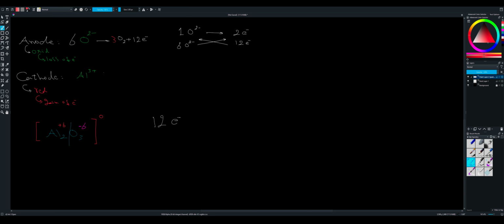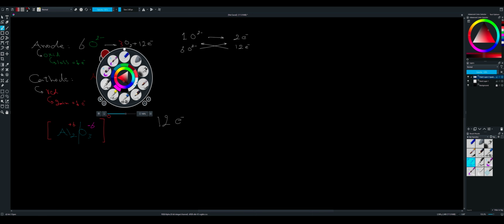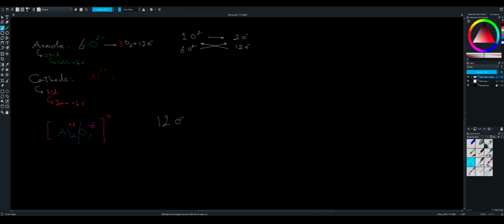Let's move on to the reduction reaction real quick. So for the reduction reaction, we've agreed that aluminum would be the cation that's going to be gaining the electrons. All right, we've agreed that we have 12 electrons contributing to this reaction after doing the math, after calculating it, after memorizing it.